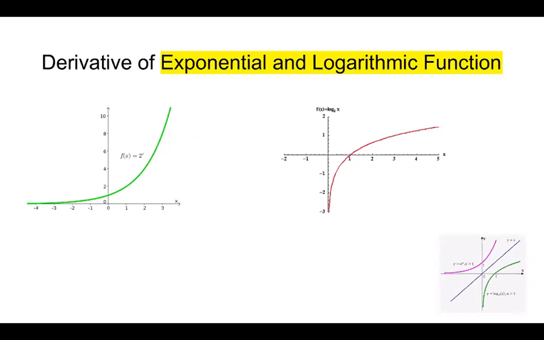If you look, the first function is the exponential function, 2 to the power x. So is there any minimum or maximum point of this function? There's actually no minimum or maximum point. Even though it looks like it is going to 0, if you zoom in further, this function never touches or crosses the x-axis.